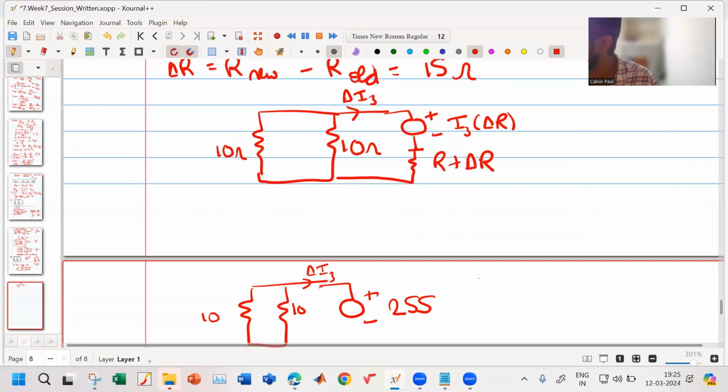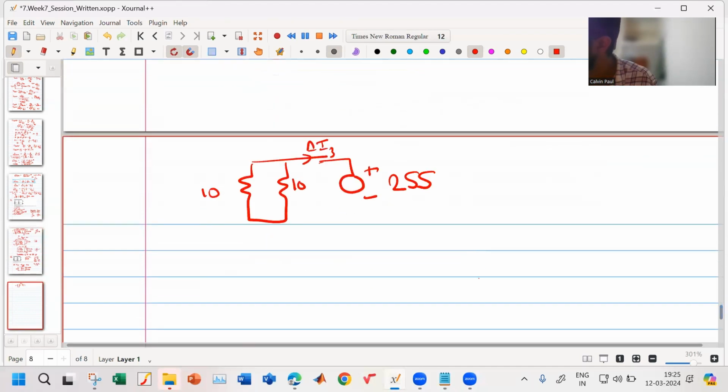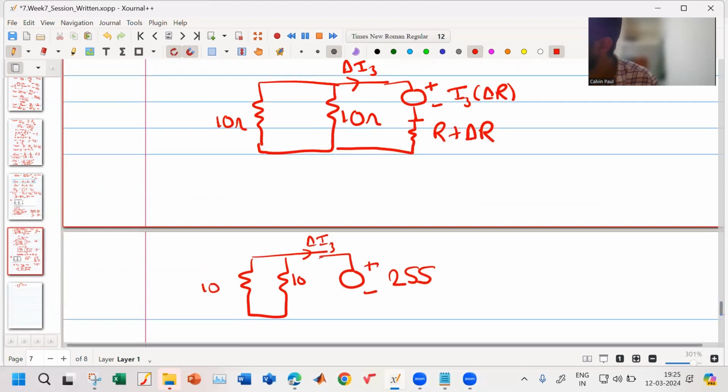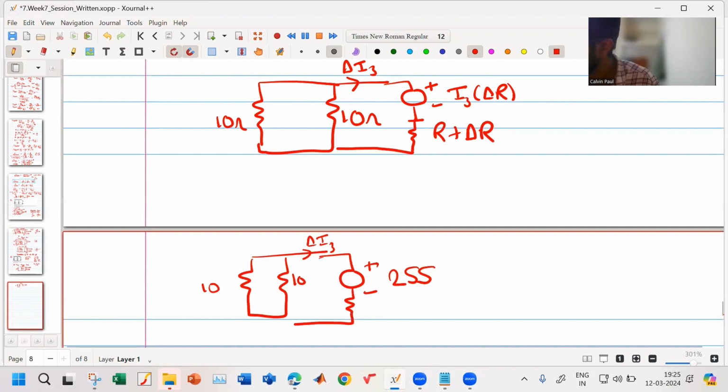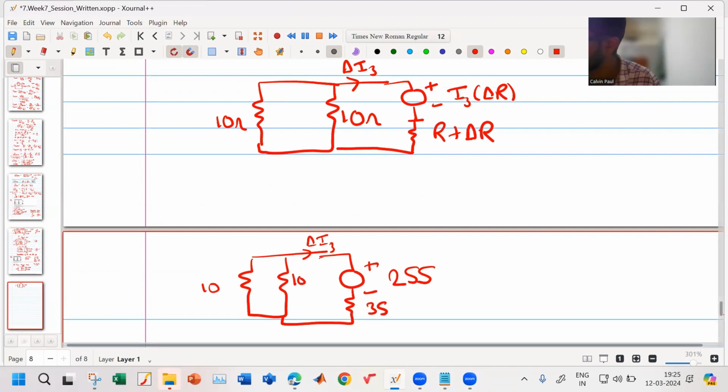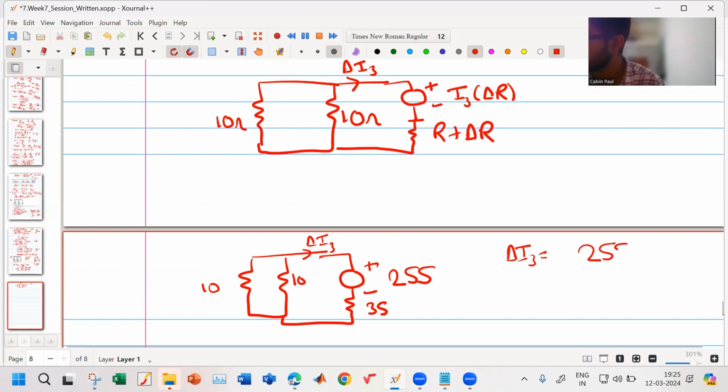And what is R plus delta R? 35. So this is 35. So what is my delta I3? 255 divided by 40. This is 255.